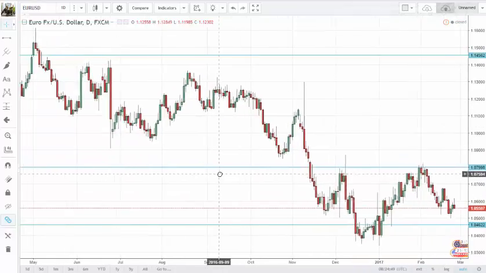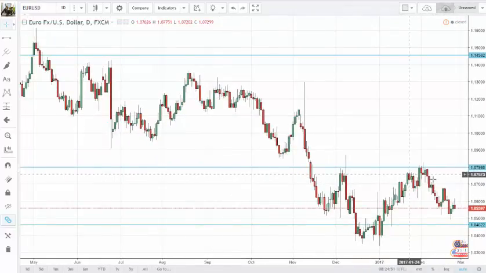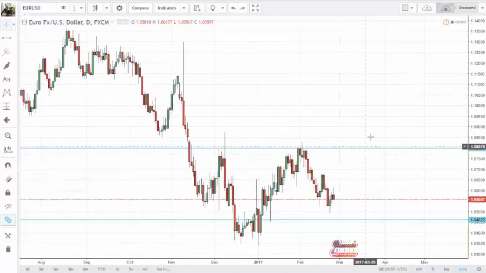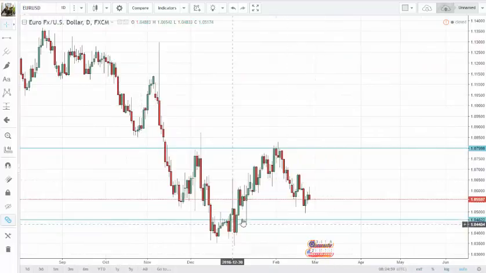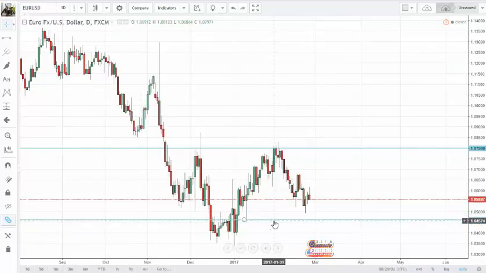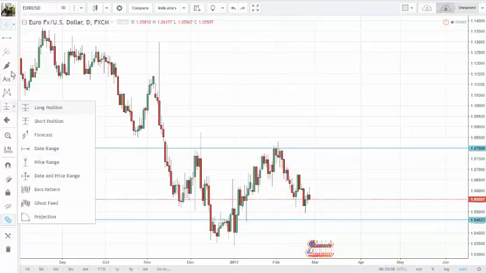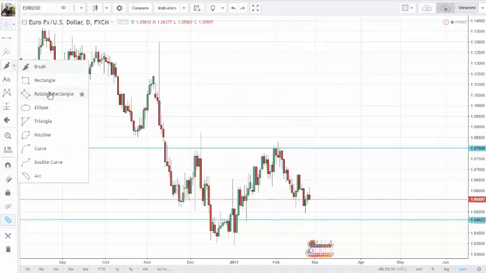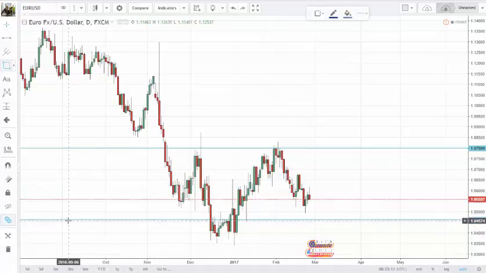Can we draw in some interesting horizontal lines as well? Not really, in my opinion. So we know from the bigger time frame that we are near an important area. What I always do is I put in supply and demand zones.